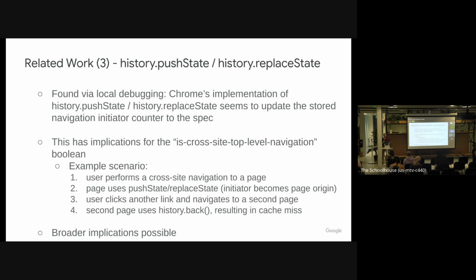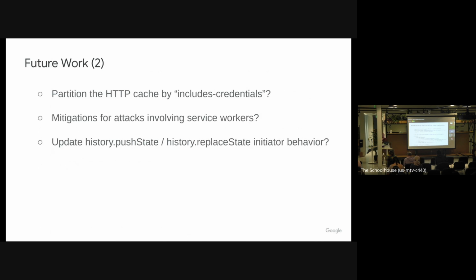That page uses pushState or replaceState, which changes the initiator. The user clicks on another link, so navigates away, but then somehow navigates back. For instance, if that site uses history.back, the load for that page will mistakenly use the wrong initiator, which means it'll be a cache miss from the perspective of which cache partition is used. But outside of that, having the wrong request initiator could have broader implications, so something to think through.